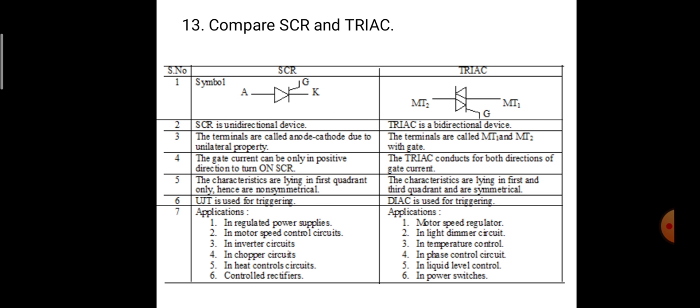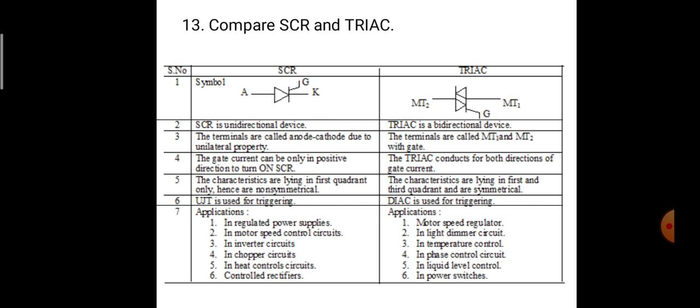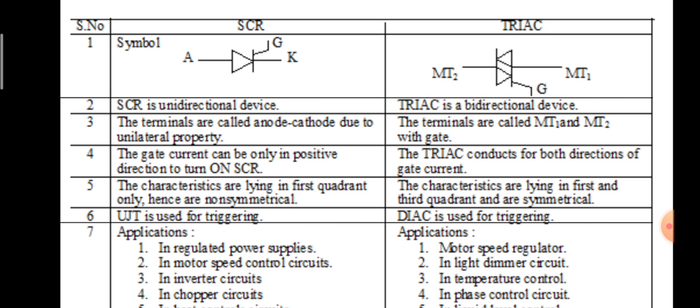Next question: compare SCR and triac. The figure shows the symbol of the SCR and the symbol of the triac. The SCR is a unidirectional device, the triac is a bidirectional device.